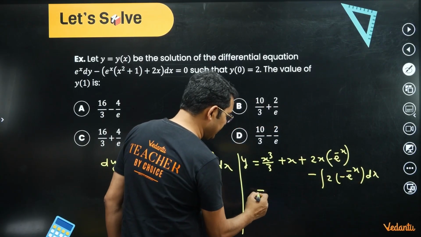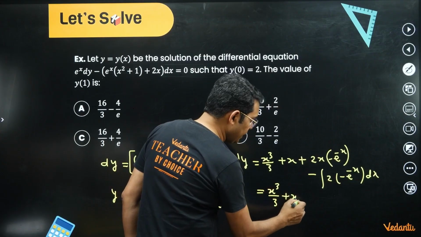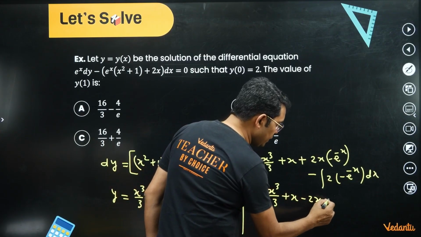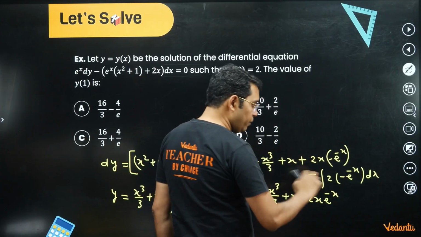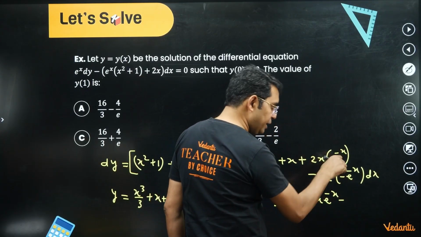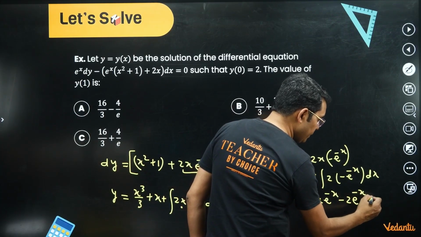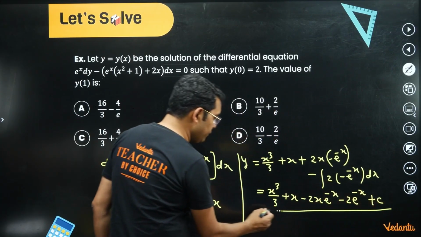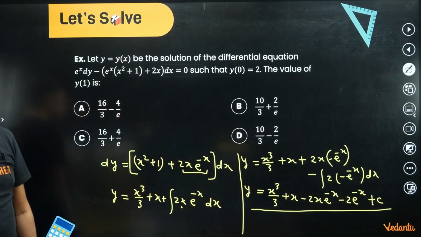So finally we are getting this to be equal to x cube upon 3 plus x minus 2x into e power minus x, minus minus plus, one more minus sign will come because of the another integration. So minus 2 into e power minus x plus c is what we are getting for this question. So this is the final solution you can say.